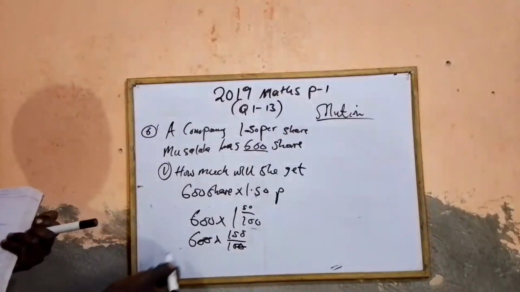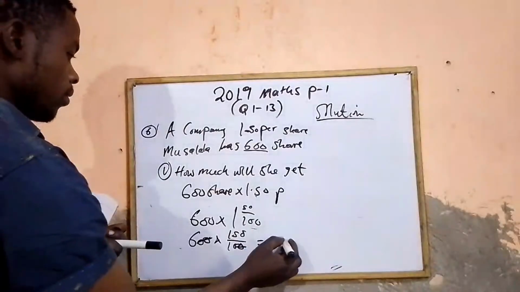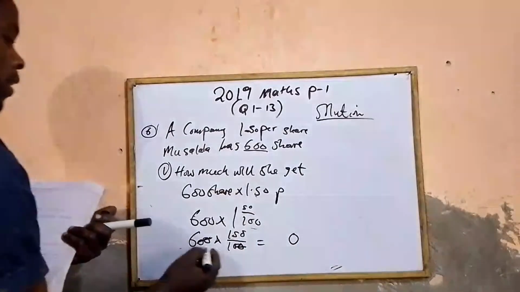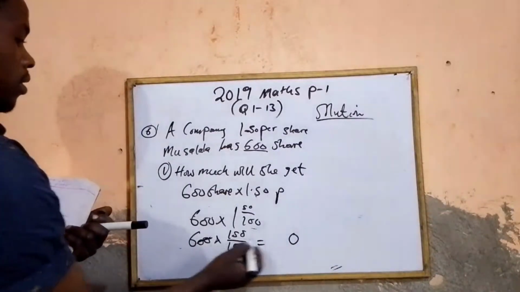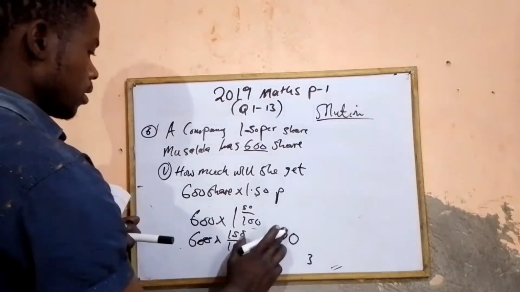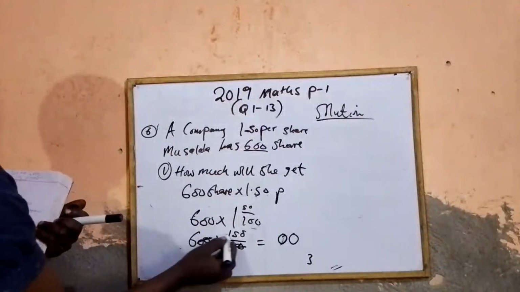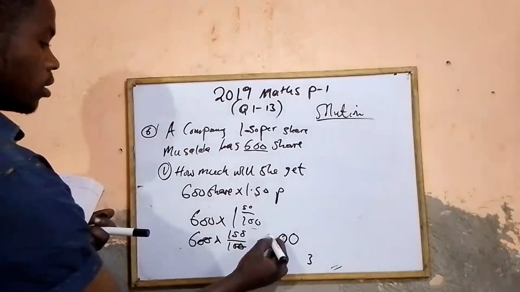Six times 0 is 0. Then 6 times 5 is 30, which is 0 remainder 3. 6 times 1 is 6, plus 3 is 9.